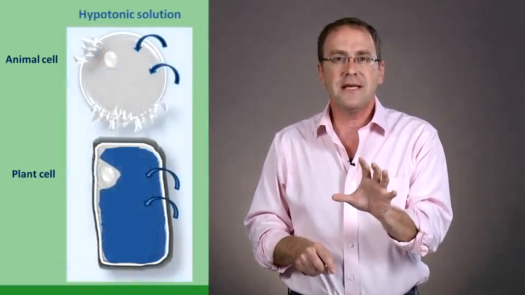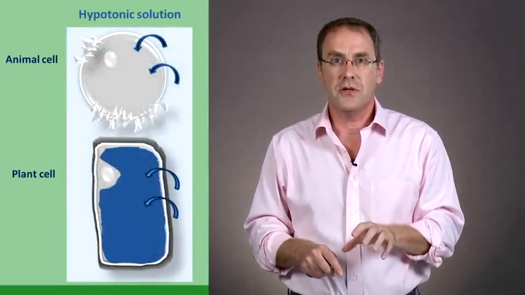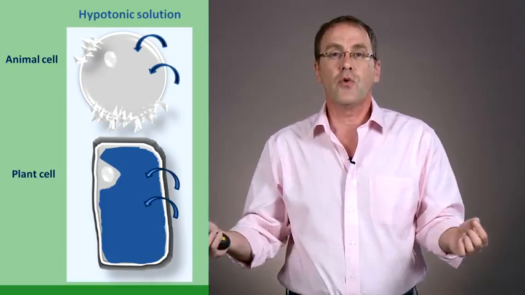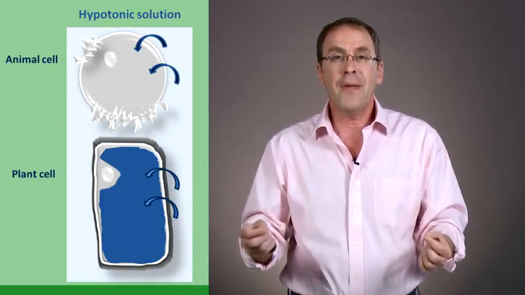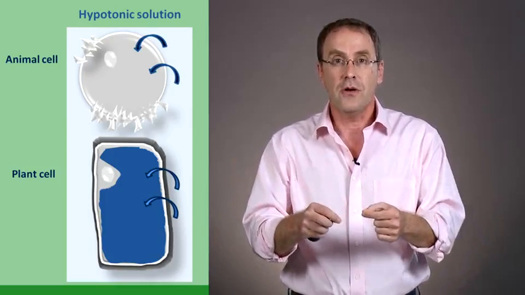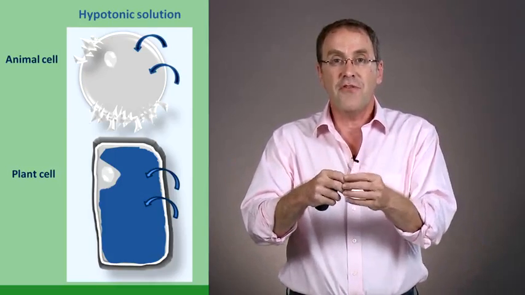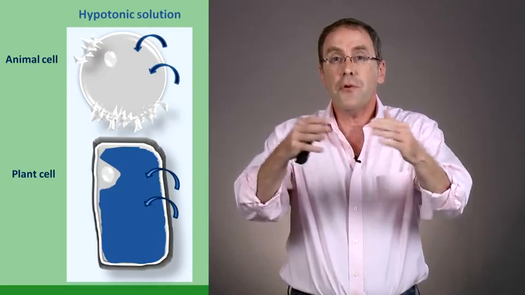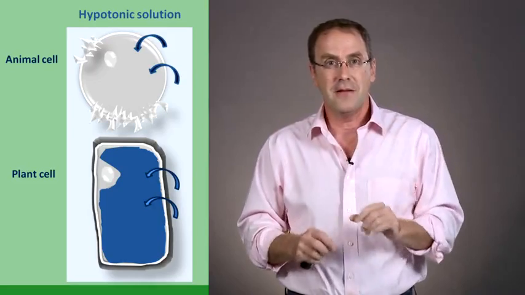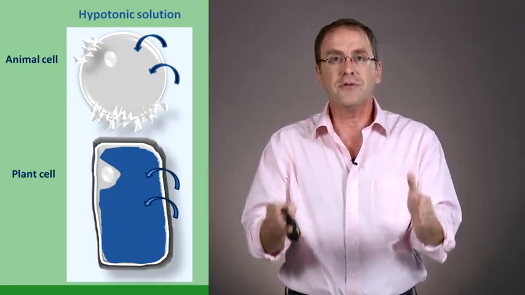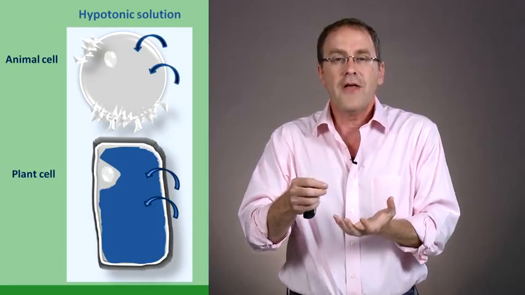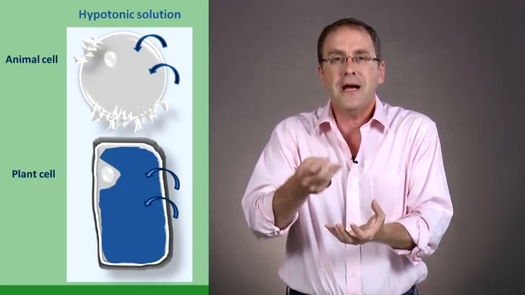Now, if you put a plant cell into a hypotonic solution, into distilled water, for example, the water will go into the cell, primarily into the vacuole, causing the volume of the vacuole to grow, which will attempt to cause the protoplast to grow. But the protoplast is bound by the cell wall. So the more water that goes into the vacuole, the higher the pressure in the cell becomes.